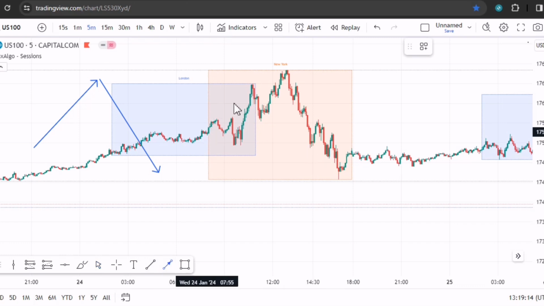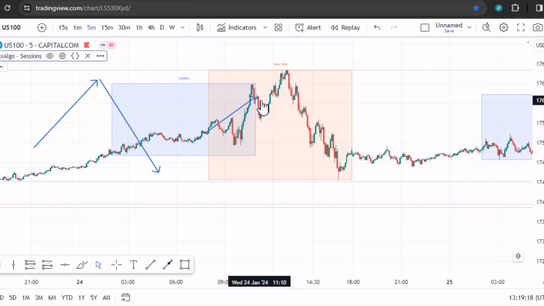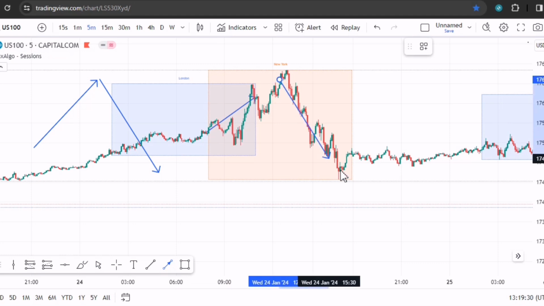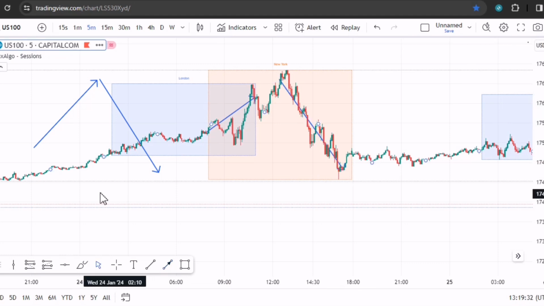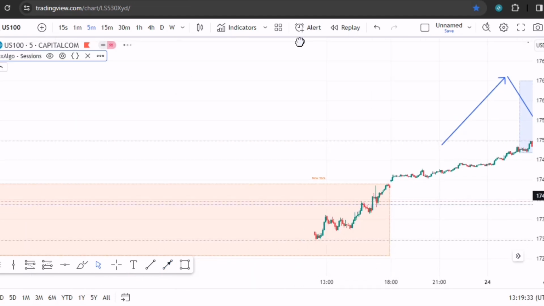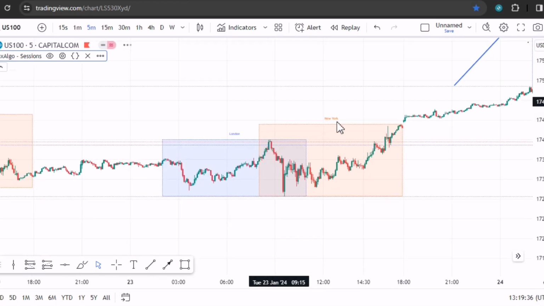For example, right here, this was the candle, it was upward, and then you would expect that it sells right away, but it didn't. Instead, it continued going a little bit bullish and then sold later on. Okay, let's check more examples.